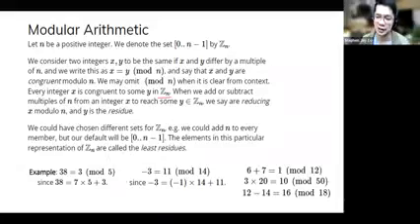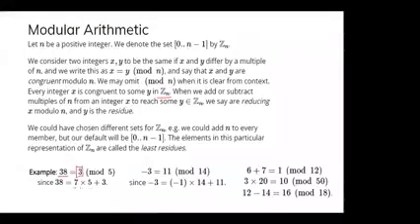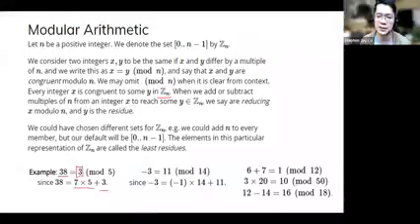So, for example, let's move to the examples. 38 is equal to 3 modulo 5, because when we divide 38 by 5, the remainder would always be 3. So 7 times 5 is 35 plus 3. That's why we say 38 is the same as 3 modulo 5.